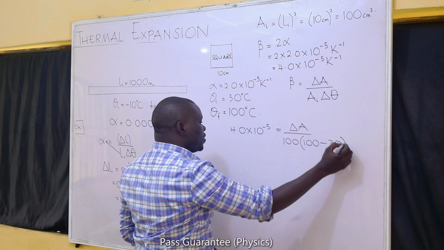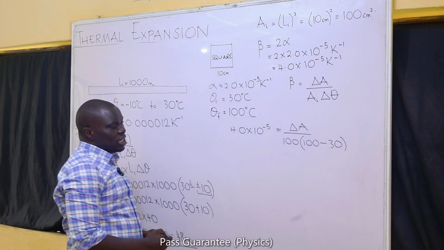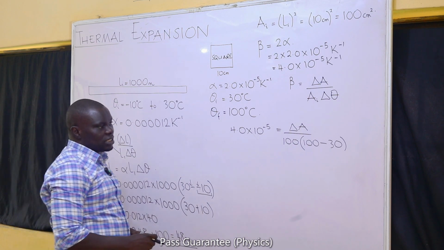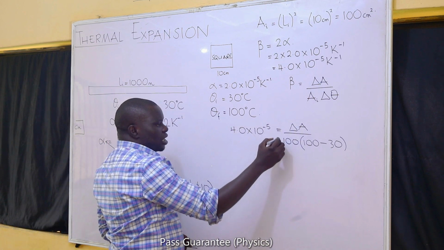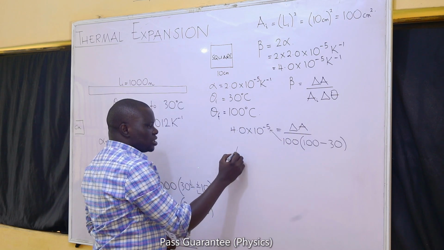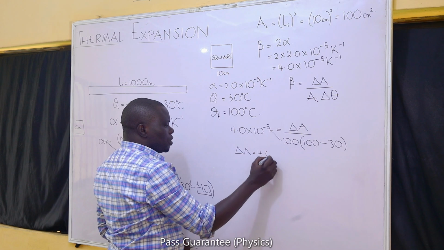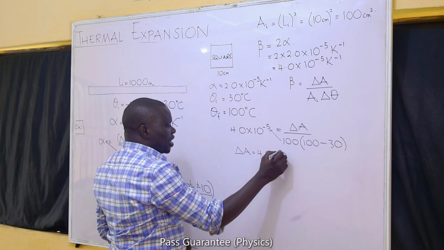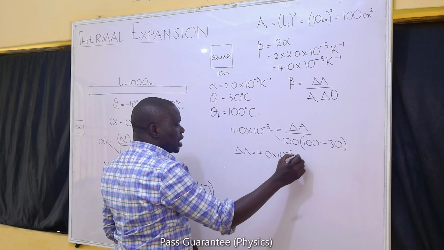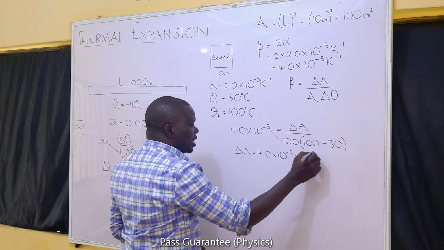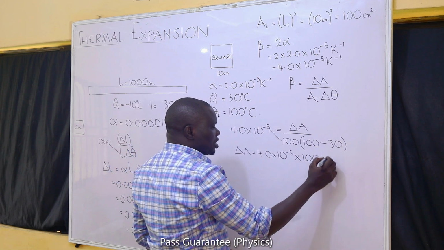Always do the final minus the initial. It is very important that you take it as the final minus the initial. So I can cross multiply to find the change in area. The change in area must therefore be equal to 4.0 times 10 raised to the power minus 5 multiplied by 100 multiplied by the change in temperature, which is 70.